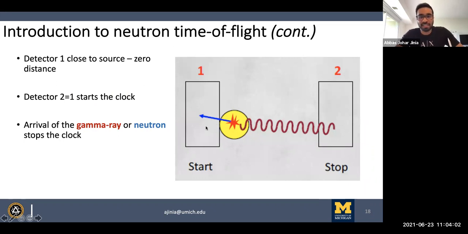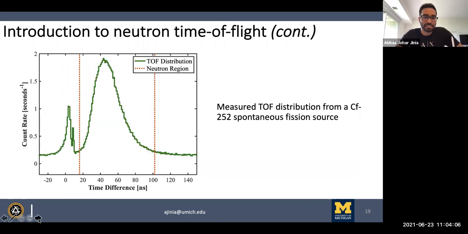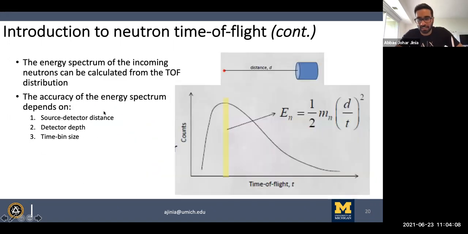There could be some travel time, but we are neglecting that, and that's why we say the depth of the detector. And finally, your bin size. When we histogram all our time differences, what is our time bin size?